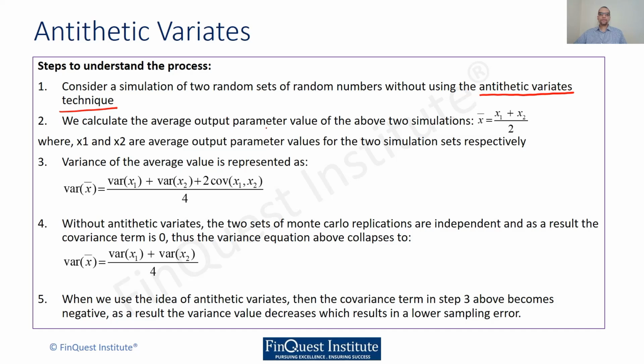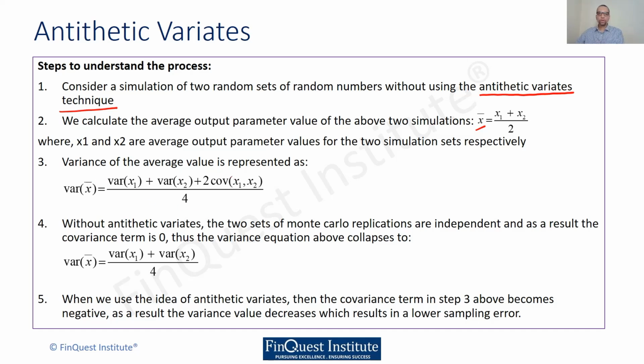Next, we calculate the average output value of the above, and I would like to call that value x bar, where x bar is x1 plus x2, and x1 and x2 are the average output parameter values for the two simulation sets. Now, if we have to calculate the variance of this average value, it can be represented in this way. We have the variance of x bar on the left hand side, and on the right hand side we have the calculation.